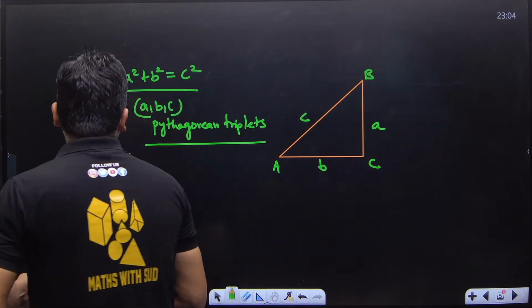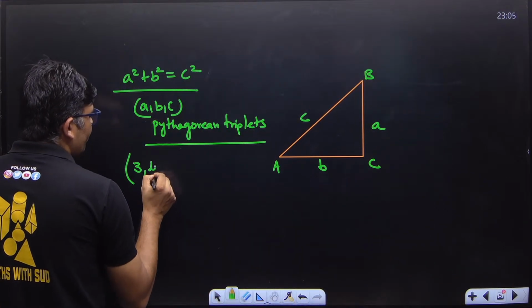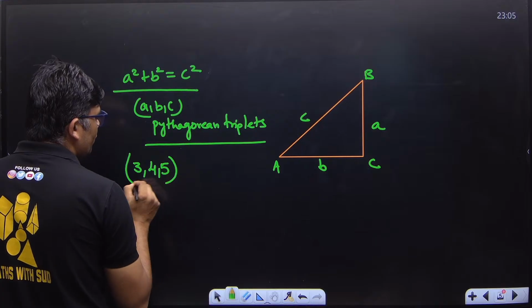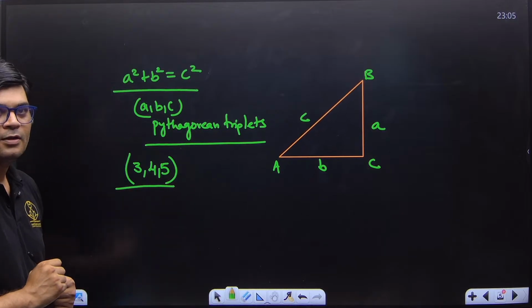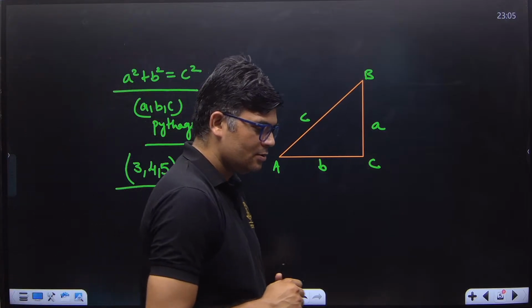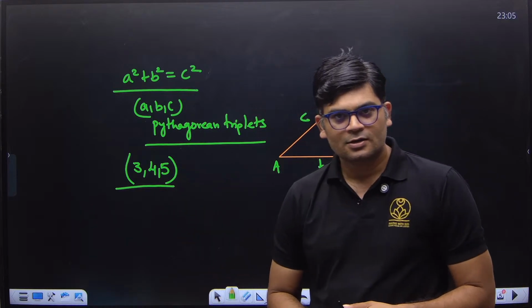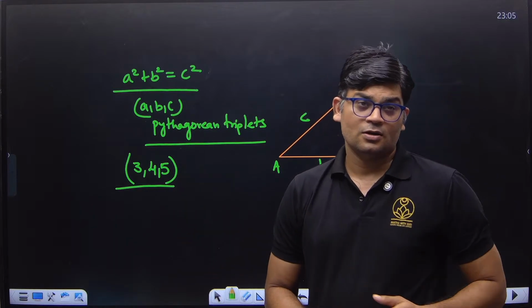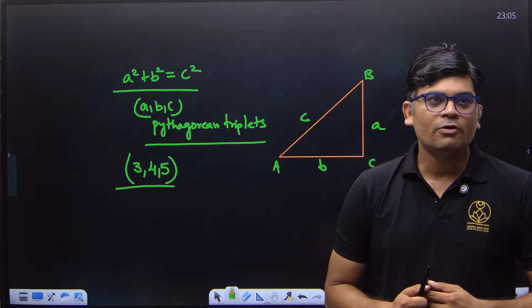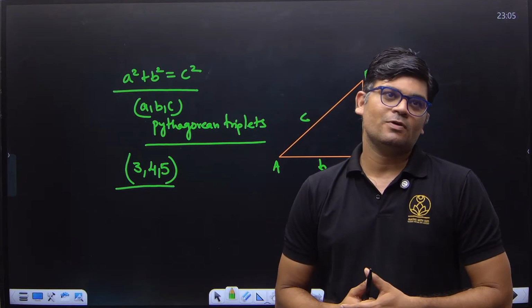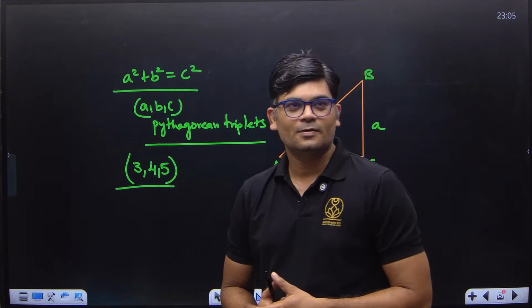So welcome to the first Pythagoras triplet, 3, 4 and 5. What is 3 square? 9. What is 4 square? 16. And if you add them, what are you going to get? 5 square.